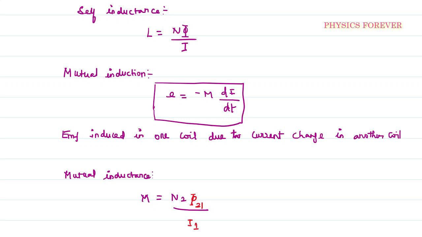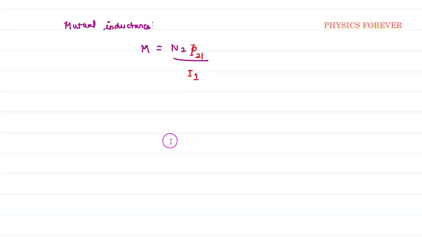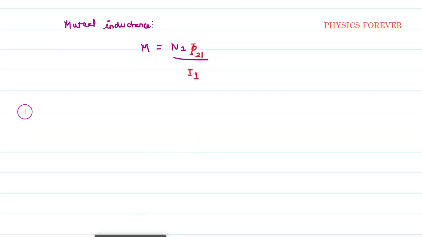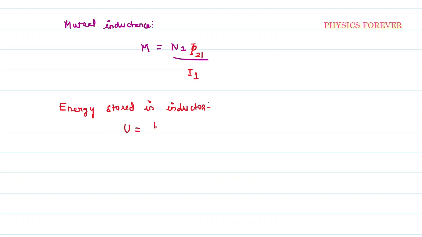Some of the important points and formulas we have to discuss. First, energy stored in an inductor. I will straight away write the formula: U is equal to 1 by 2 L I square.